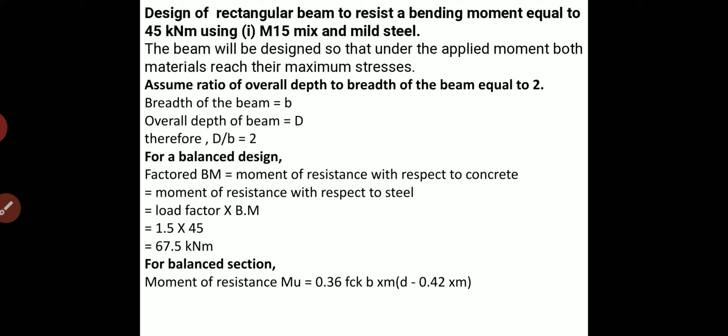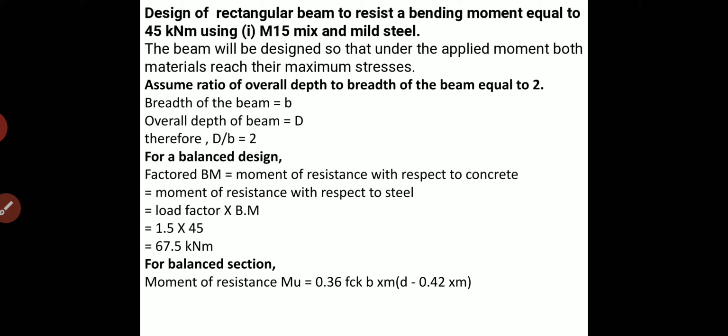Width of beam B, overall depth of beam D. Therefore, D by B equal to 2. For a balanced design, factored bending moment equals moment of resistance with respect to concrete equals moment of resistance with respect to steel, which is load factor into bending moment.